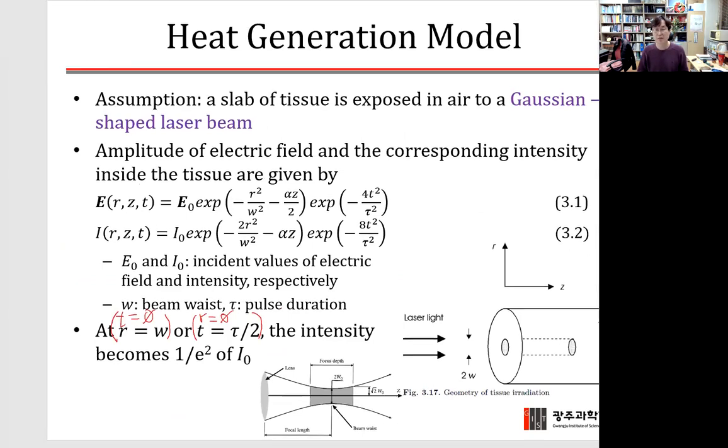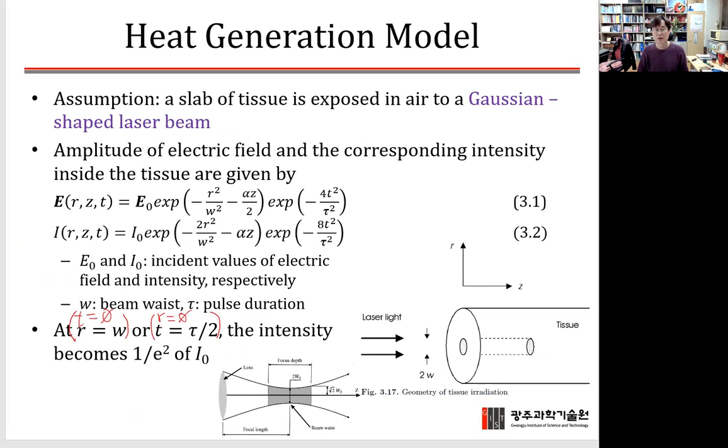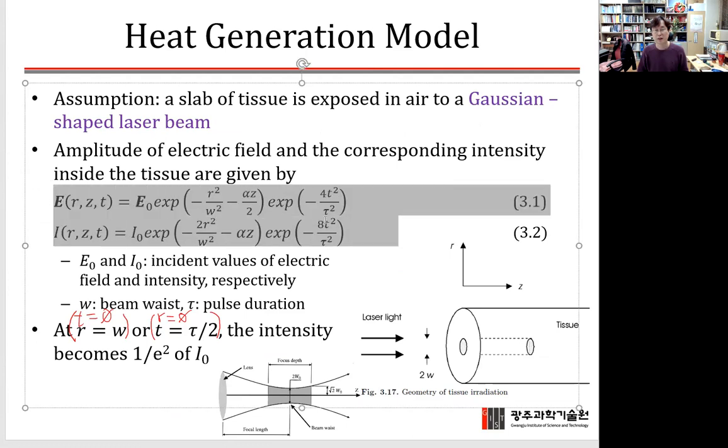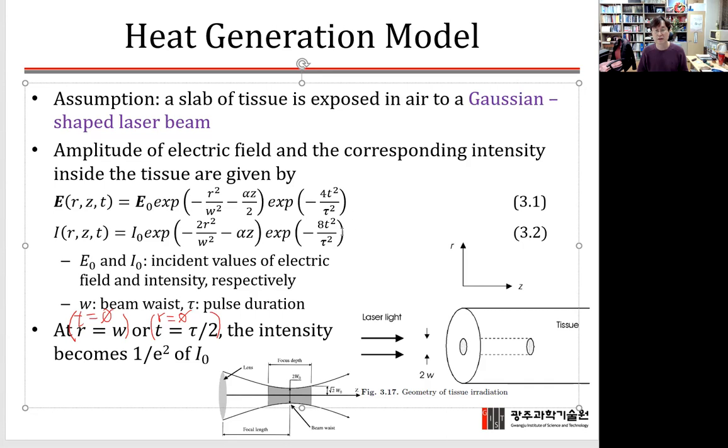For the heat generation model, we assume that a slab of tissue is exposed in the air, and the laser illuminates the tissue with a Gaussian-shaped laser beam. The electric field can be described as the electric field magnitude multiplied by two exponential decay functions. One follows r, which is the direction along the surface of the tissue.